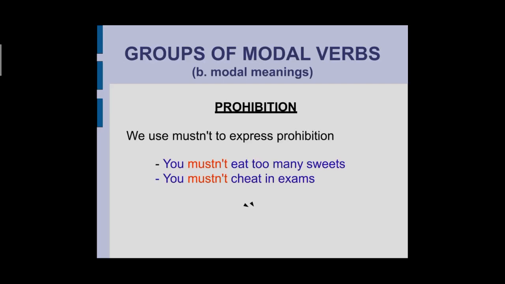You must not eat too many sweets. Someone is saying आपको इतना ज़्यादा मिठाई नहीं खाना चाहिए. That means it's a prohibition. You are not allowed to eat so much sweets. Again, you must not cheat in exams. Prohibition. एक रूल है, आप एग्ज़ाम में चीट नहीं कर सकते. That means it's not allowed.